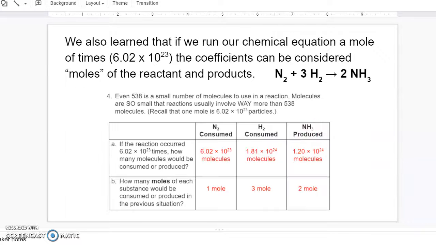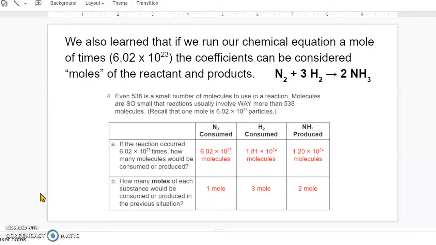We further went on with the mole ratio to talk about, well, how many times would this reaction maybe run? And we had said, well, what if this runs 100 times? And then I said, well, what if it was going to run 538 times? And then I said, well, what if we ran it 6.02 times 10 to the 23 times, which is equal to a mole, right?